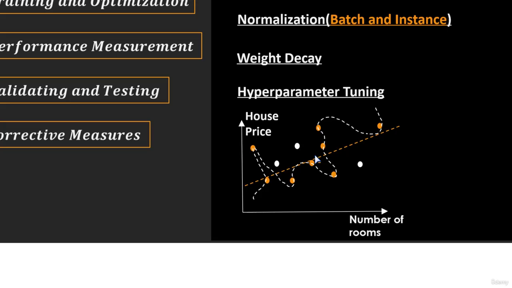An overfitted model will look like this. We see that this model is struggling to touch all the points in the training data. Recall that we are not training on the validation set, so what the model sees is the training data, and so it's struggling to touch all these points.